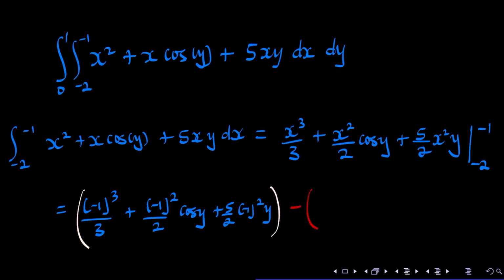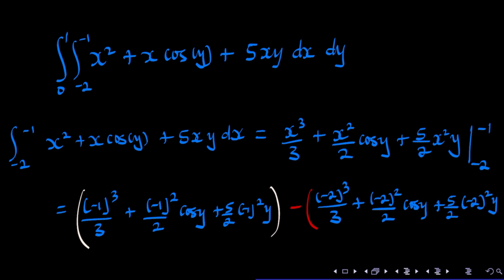So that is going to give us (-2) cubed on 3 plus (-2) squared on 2 cosine of y plus 5 over 2 times (-2) squared y.